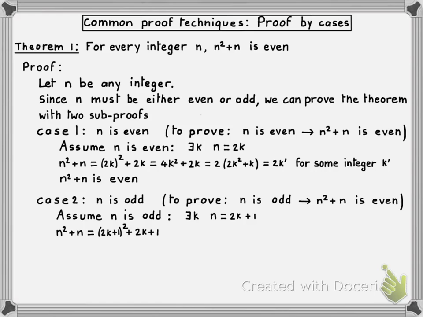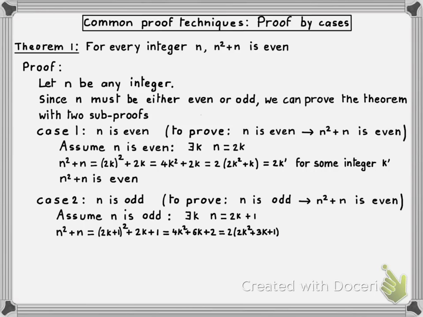Well, it's (2k plus 1) squared, that's n squared, plus (2k plus 1), that's another n. Let's multiply out and rearrange to get 4k squared plus 6k plus 2. And we're still trying to prove that that expression is even, remember. So let's try to factor out a 2 from each term, and we get 2 times (2k squared plus 3k plus 1). We know this term is an integer.